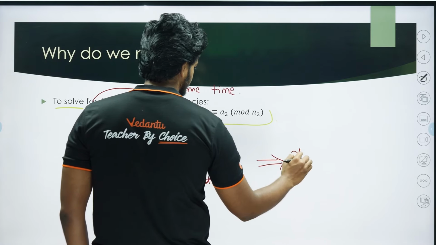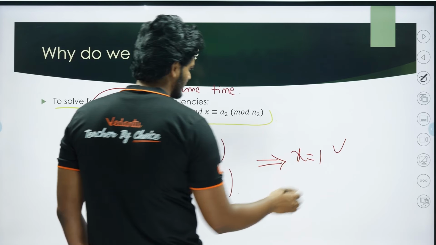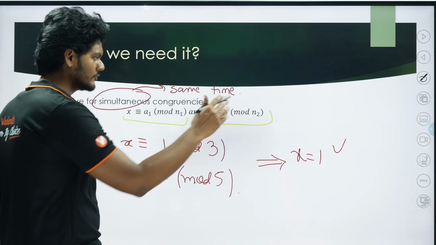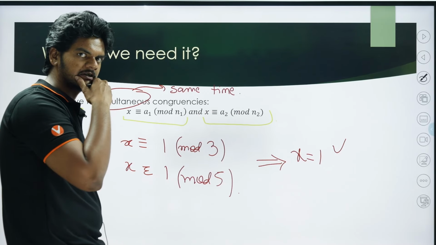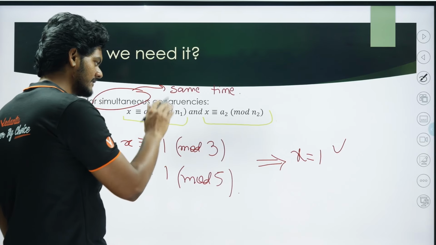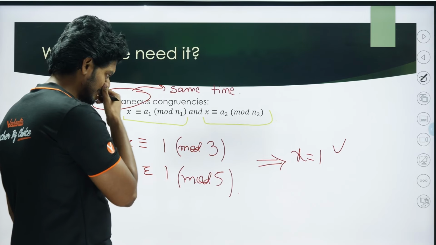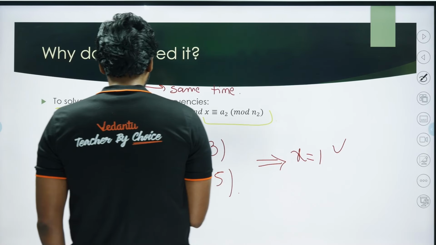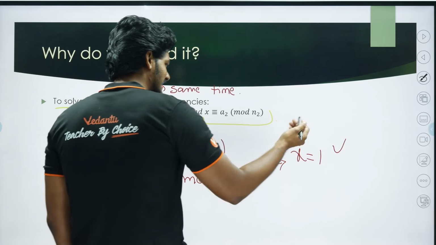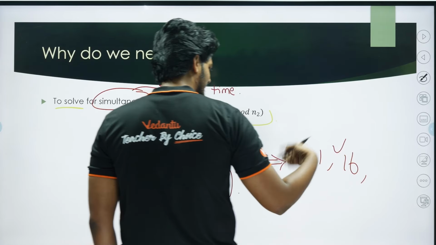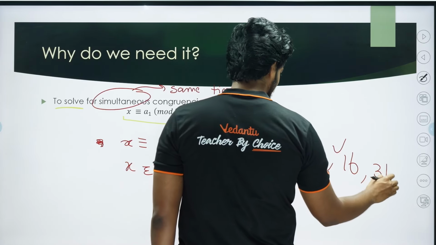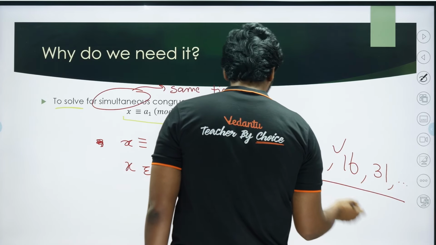If you take x is simply 1, it works for both. Right? What could be the next one? Think about it. It has to be 1 mod 3 and 1 mod 5. So if you think enough, the next will be 16. And the next of that would be 31 and so on, and I hope you see a pattern there.